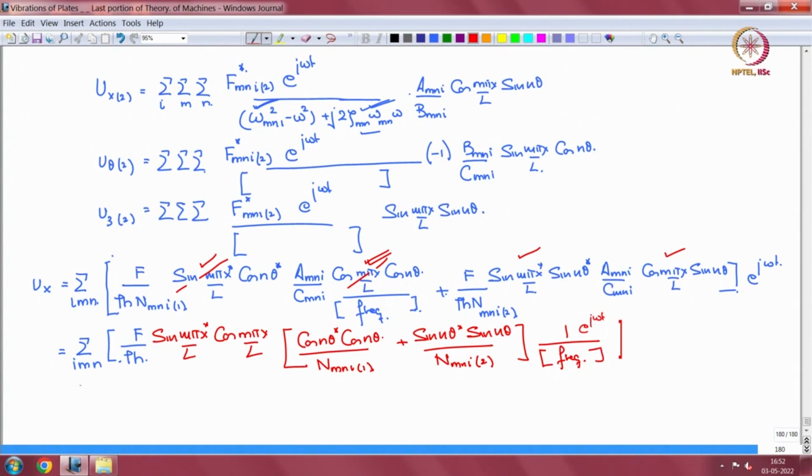So now what is it? If n is not equal to 0, then N m n I 1 is equal to N m n I 2. You have seen that. But when n equals 0 they differ. When n equals 0, the sine term is 0, so the contribution from the second set is 0.